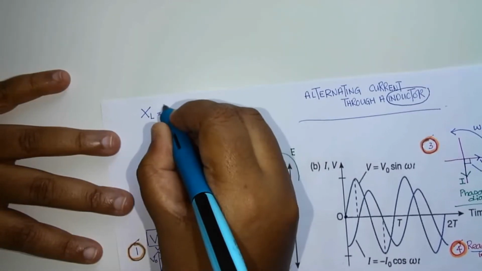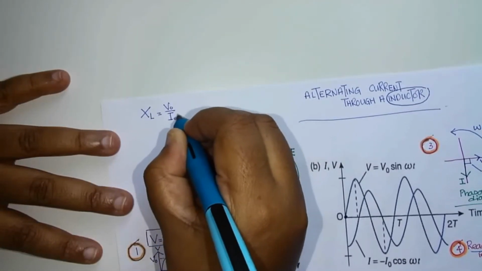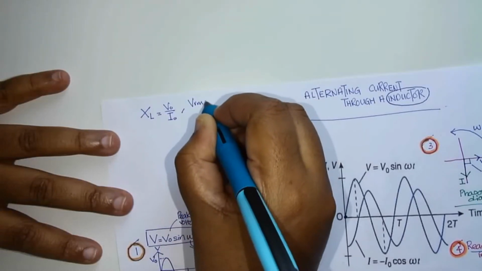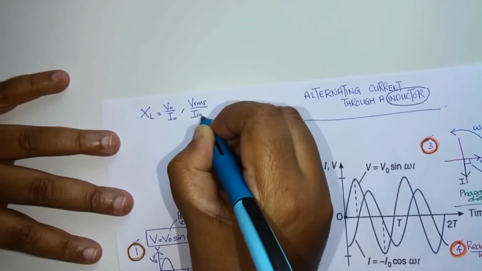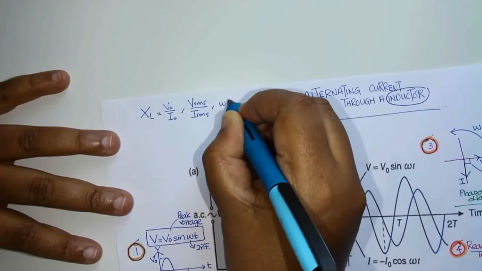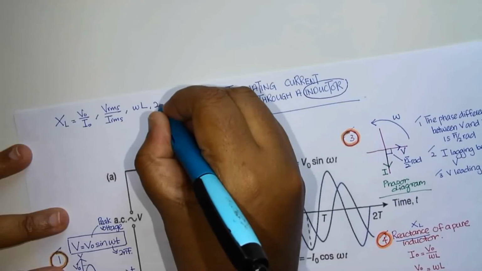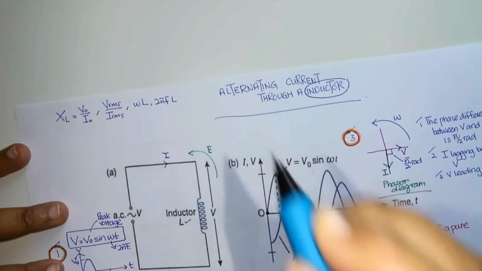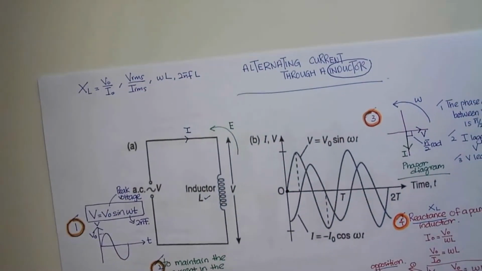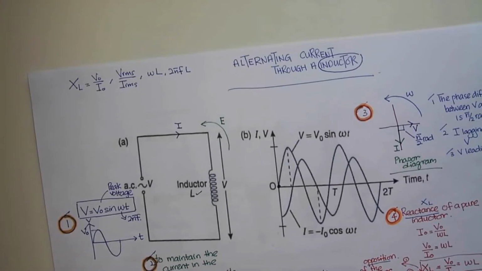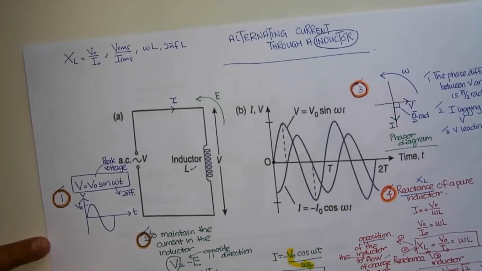XL is V naught over I naught, or VRMS over IRMS, or omega L. Or we can say omega is 2 pi F, so XL is 2 pi FL, because we substitute omega as 2 pi F.